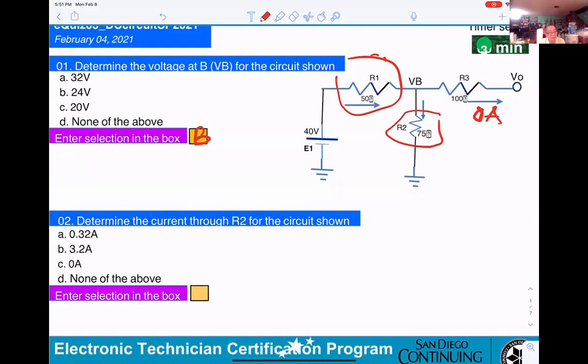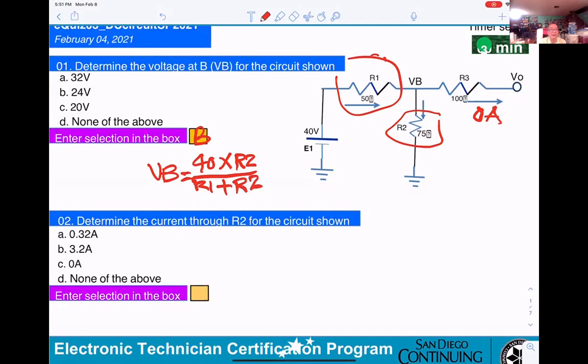Okay, there are two ways you can do it. You can calculate the current, then multiply by R2, then you get VB. However, I'm using the voltage divider. VB equals 40 times R2 divided by R1 plus R2.